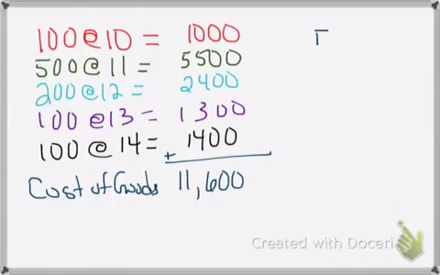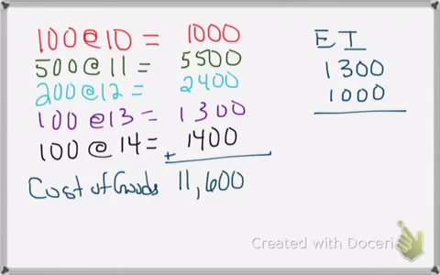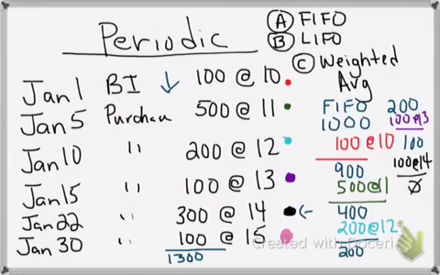Now, if I want to look at ending inventory, if we go back, remember we had 1,300 total units. If we sold 1,000 units, that means that we have 300 units in ending inventory. So back over here, what you'll notice is we still have 200 units here, and we have 100 units at 15.